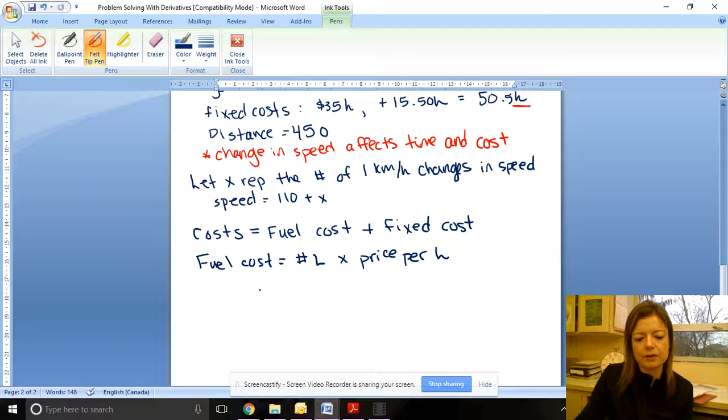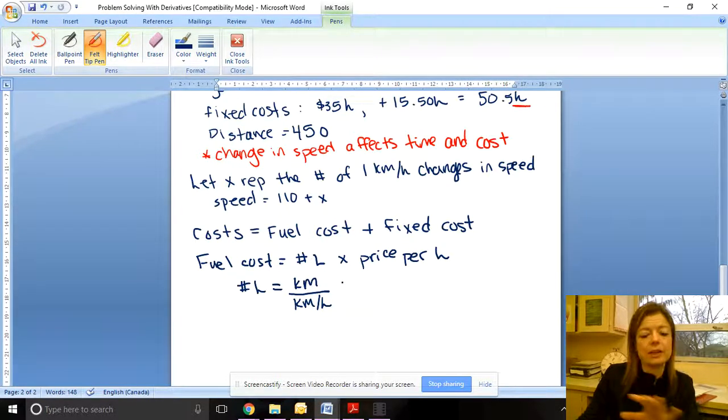So now we need to further figure out how many liters of fuel we're going to use. I will tell you this, for me, when I did this, was the most difficult part of the problem. And when I'm having trouble coming up with what divided by what, I always look at the units. I know I needed a unit of liters. So I looked around and I figured, oh, if I do kilometers divided by kilometers per liter, that gives me liters.